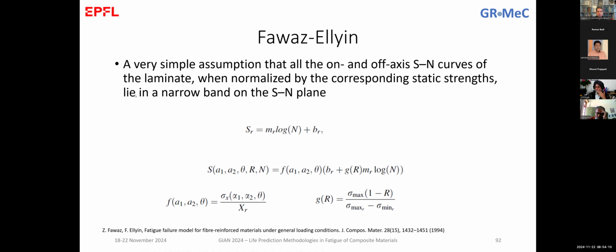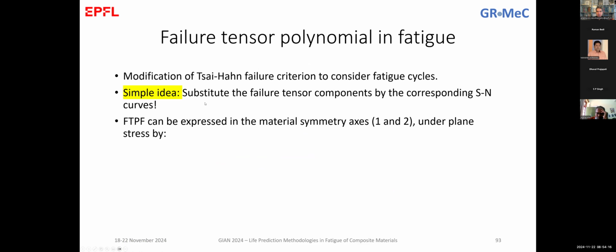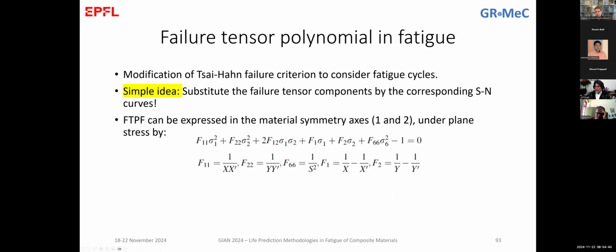So after this, we had also other models. I will only describe here the concept of the failure tensor polynomial in fatigue, which is, again, a simple idea based on the failure tensor polynomial that we've seen before, the same Tsai-Wu criteria. But then the idea here is that we can express, as before in static, the material performance by a simple polynomial equation with the same definition for the failure terms.